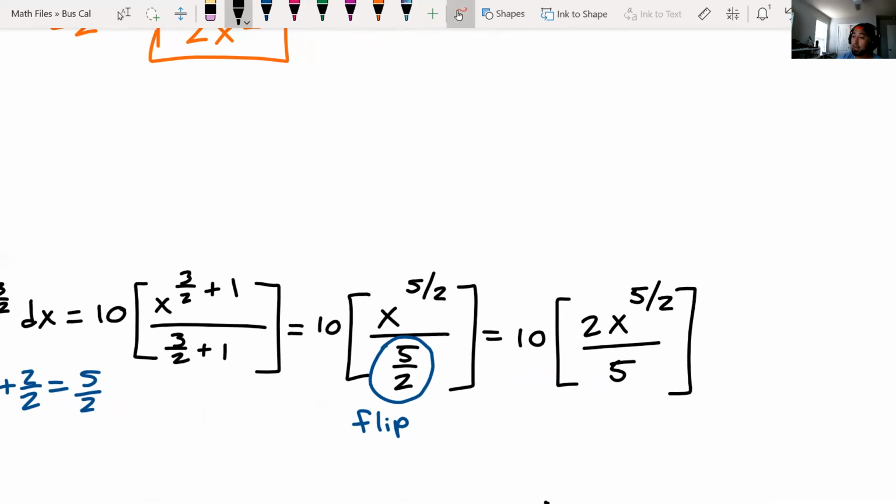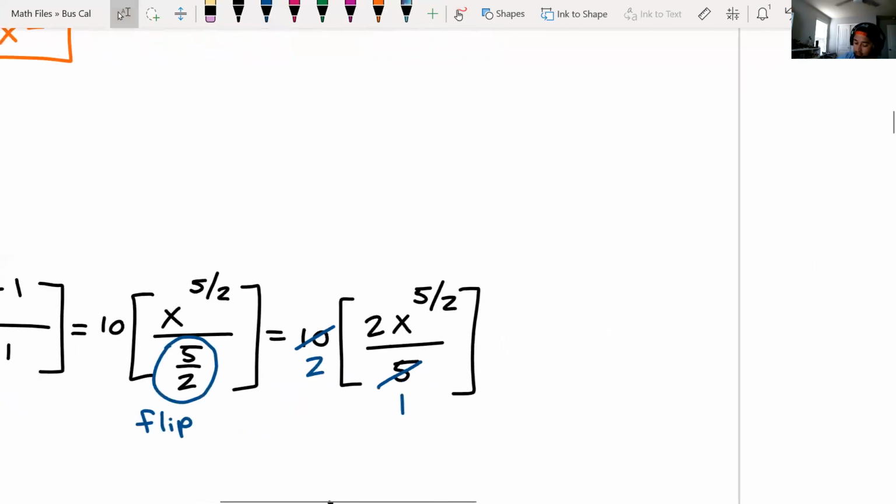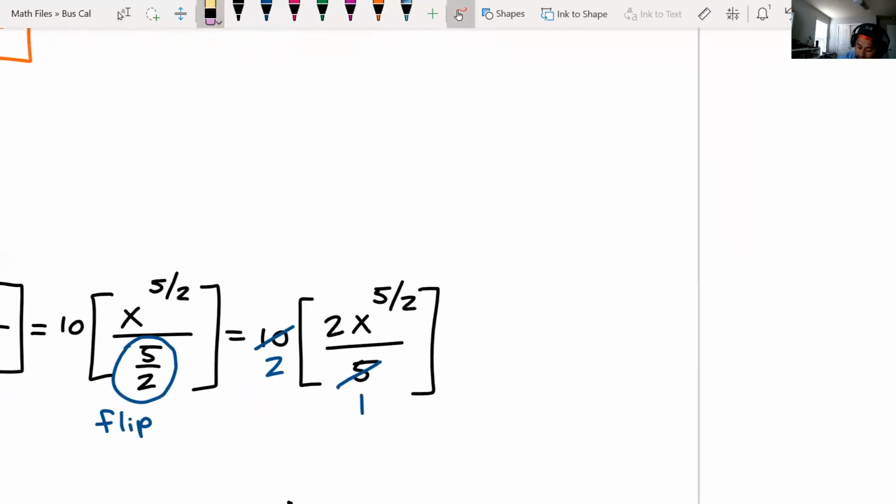Okay. And now you'll multiply the 10 in, or we can cross cancel. 5 and 10, that becomes 1, that becomes 2. Multiply that straight across. I should probably put it better up here so you don't think it's in the denominator.